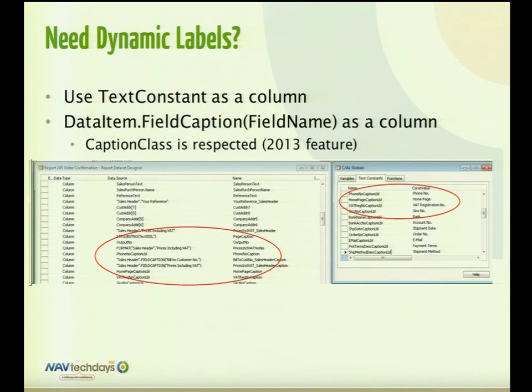The other way is to use the expression data item dot field caption field name and put it as a column. And one very interesting thing which we have introduced in 2013 is this will now respect the caption class. That means if your data item is referring to a table, and now you are accessing the caption of the field inside the table, and that has a caption class property, that will now be respected.